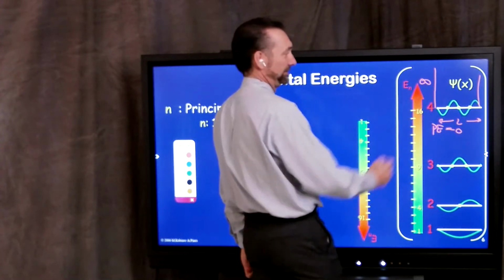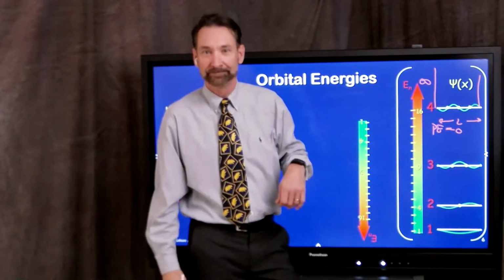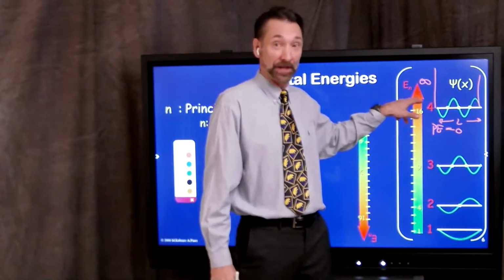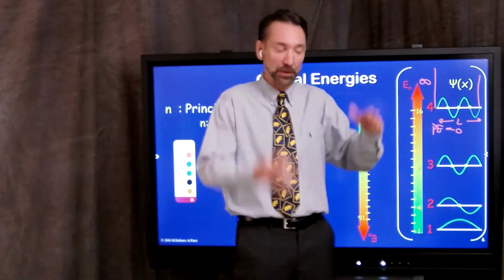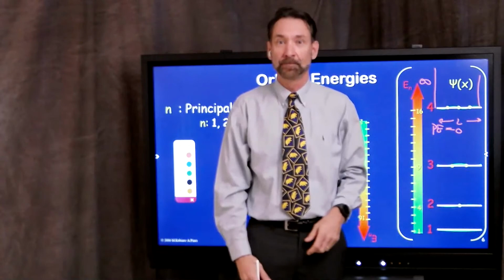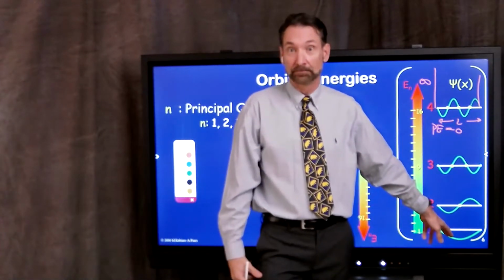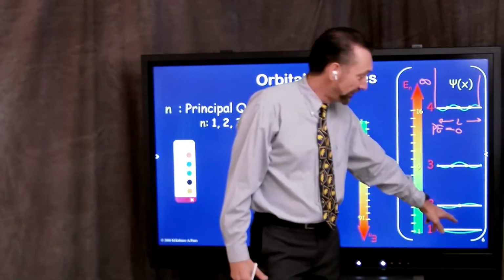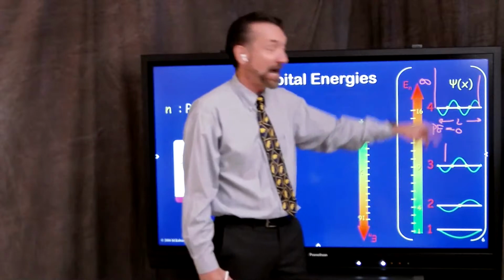Outside of that, the potential energy is infinity. So the particle can't go there because it can't get to infinite potential energy. So we trap it with these walls of infinite potential energy. That means all the energy of the particle is kinetic now. And these are the various expressions of that kinetic energy, low kinetic energy to high kinetic energy.